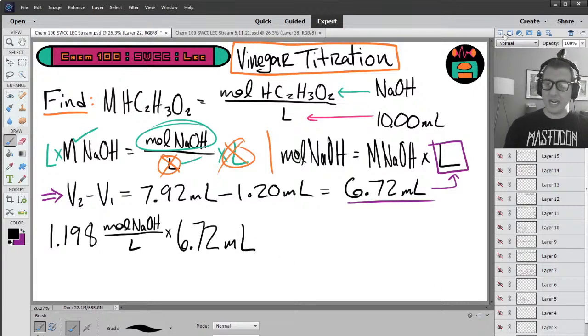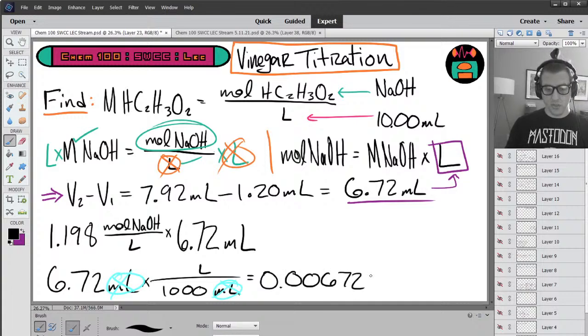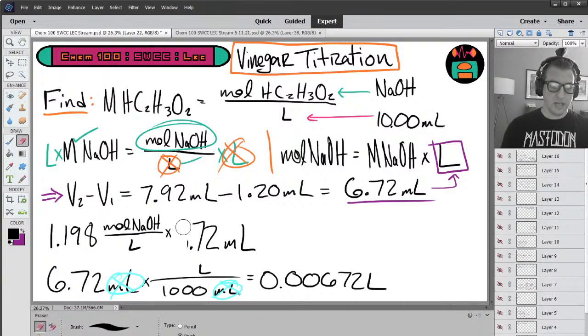So we got to do a quick unit conversion here, because we need to know how many liters of sodium hydroxide reacted. So this comes out to be 0.00672 liters, and that's what we should be using here.